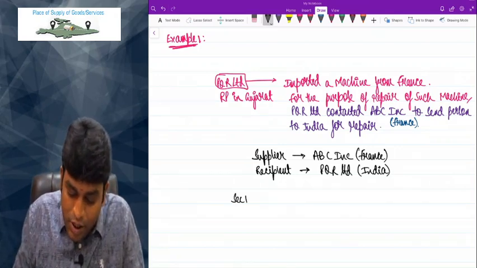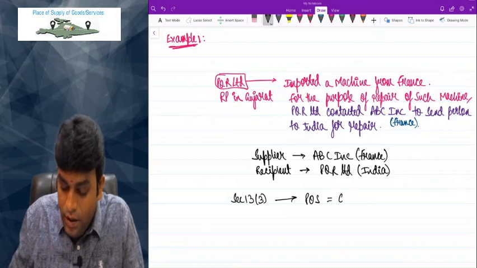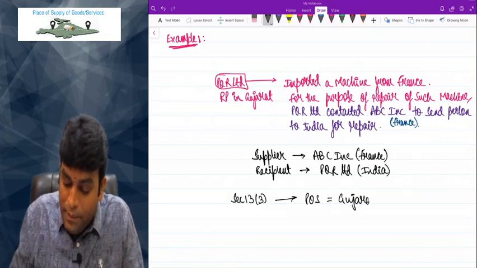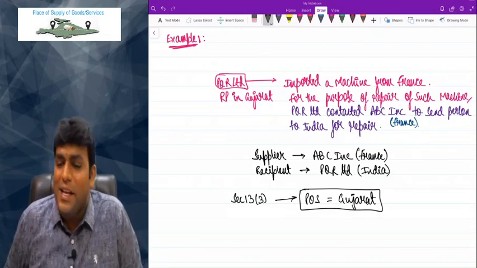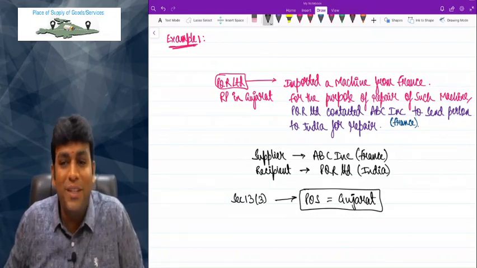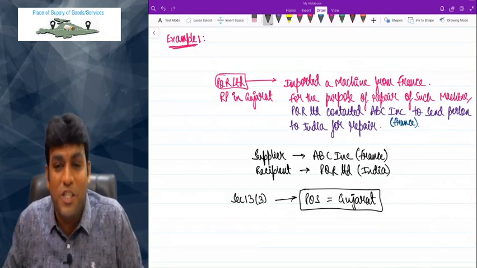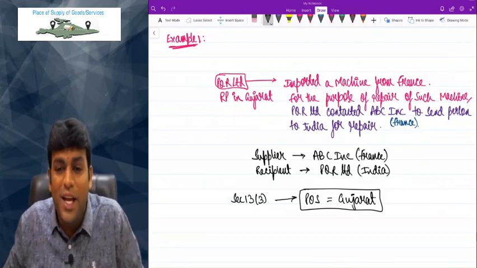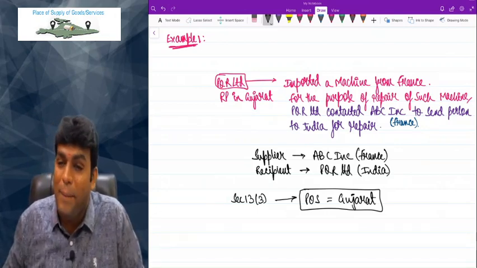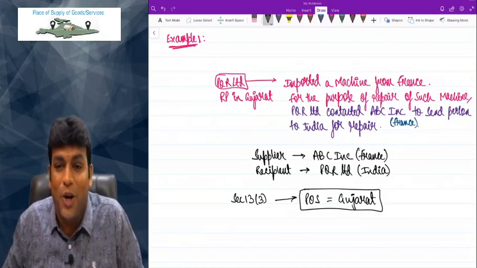So as per section 13(3), my dear friends, place of supply will be Gujarat. Why Gujarat? Because place where services are actually performed. Correct or not? Exactly. This is an example for the first point. Service in respect of goods which are physically made available, where law clearly told the answer is place where services are actually performed. Without any second thought, that is the answer.